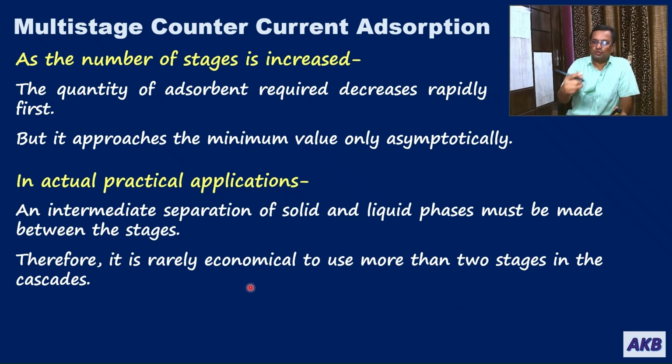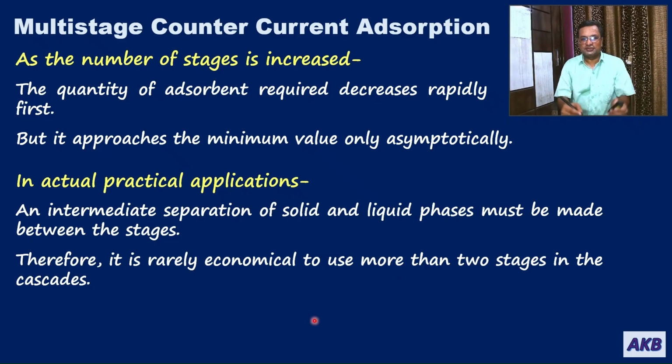If you try to use more than 2 stages, the operation may not remain economical. The same is the case with counter-current operation. The reason is the cost of physical separation. It will increase if the number of stages increases, and if the number goes beyond 2, the operation may not remain economical. So with this, I will end my discussion for this topic.